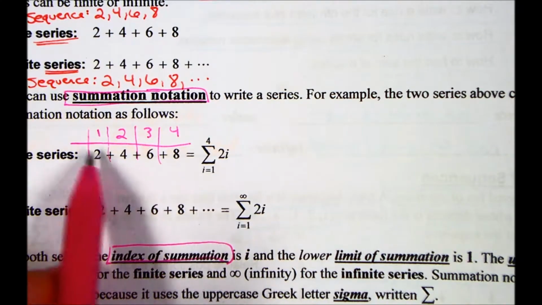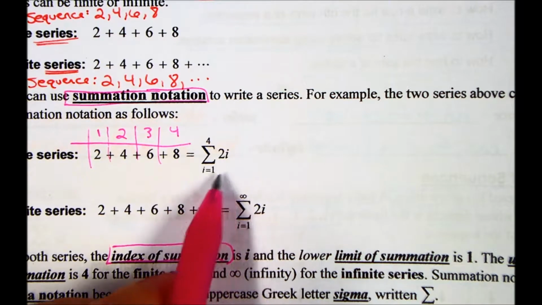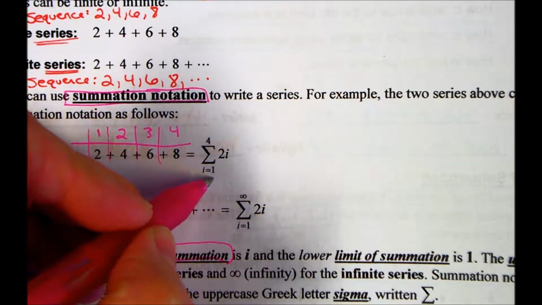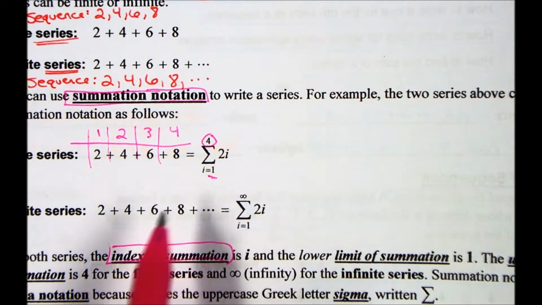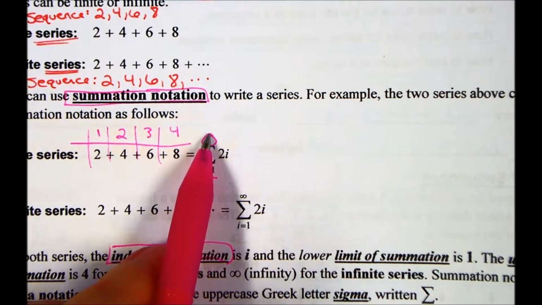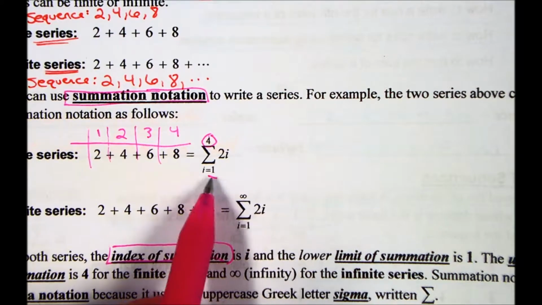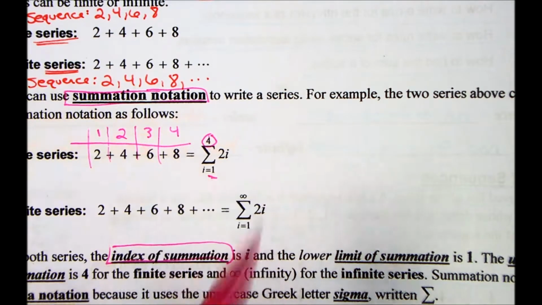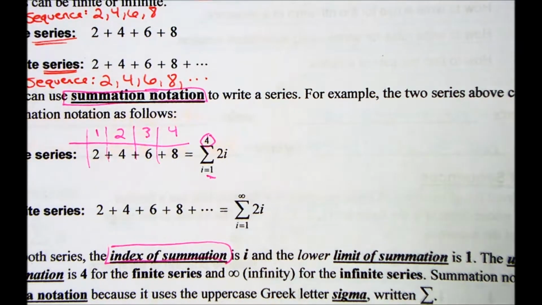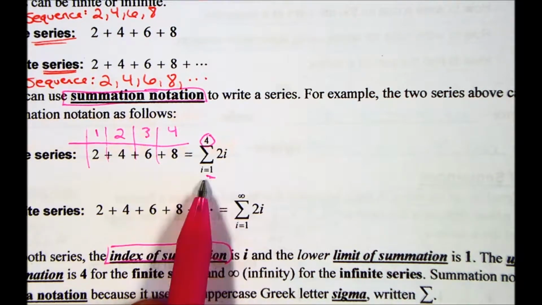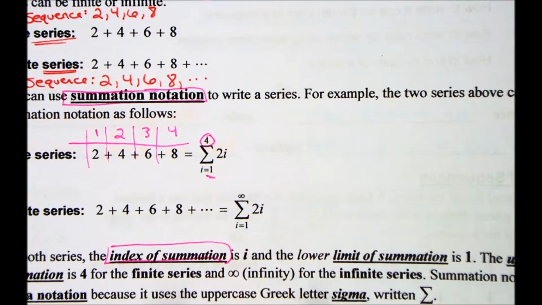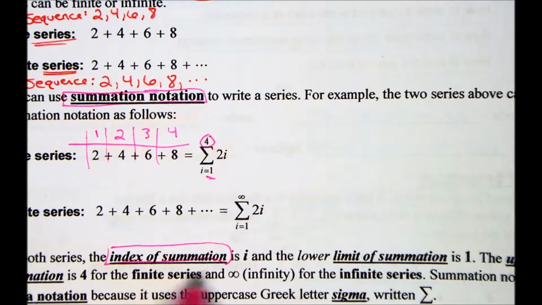The first number in the sequence is 2, so we're going from 1 to 4. The lower limit for the index is 1 and the upper limit is 4. We're going to be substituting 1 through 4 into this rule. And i is not the same as the imaginary number. We're using the variable i, but this time it's representing the index of your summation.